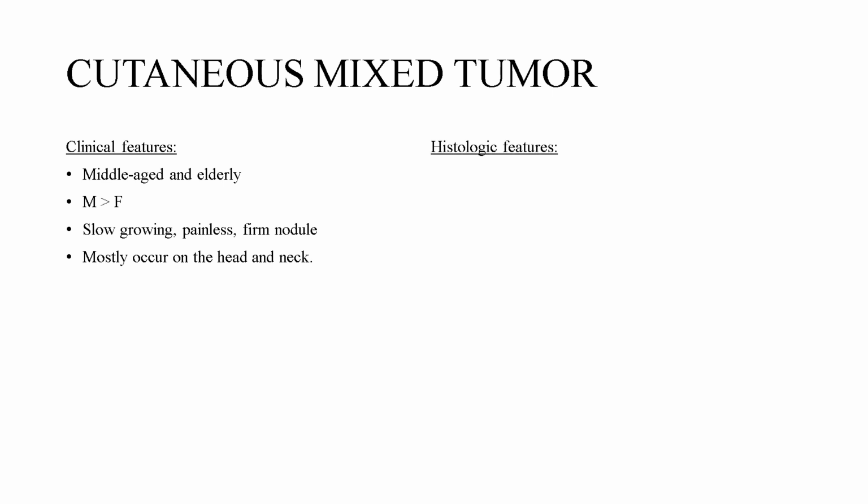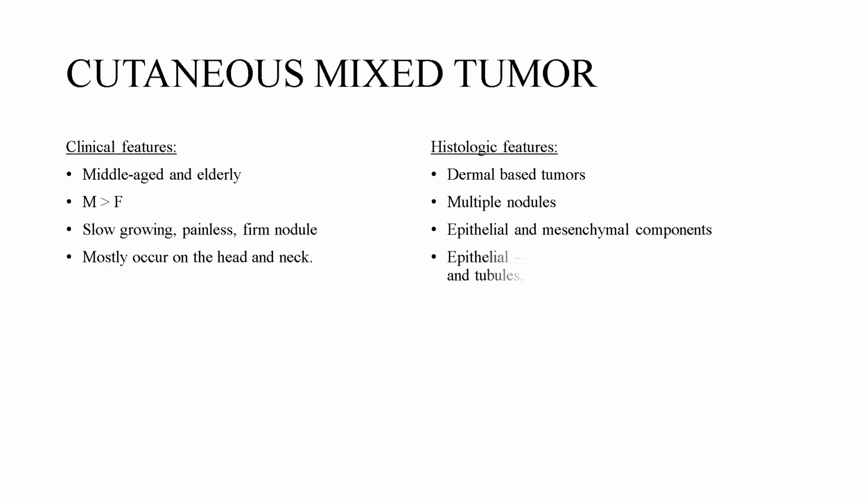When we see the histology, it's basically a dermal based tumor, predominantly in the dermis, and it has a lot of nodules. It is called a mixed tumor because it has both epithelial as well as mesenchymal components.